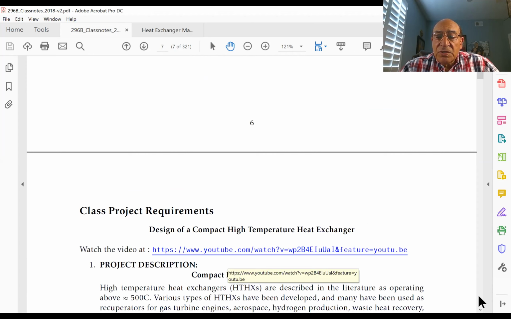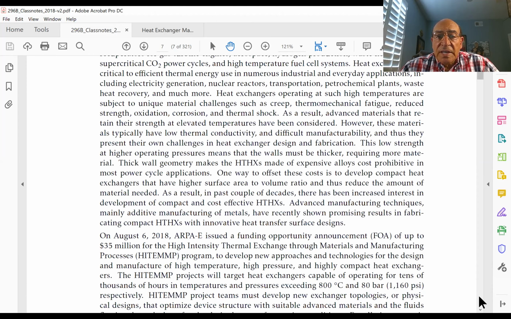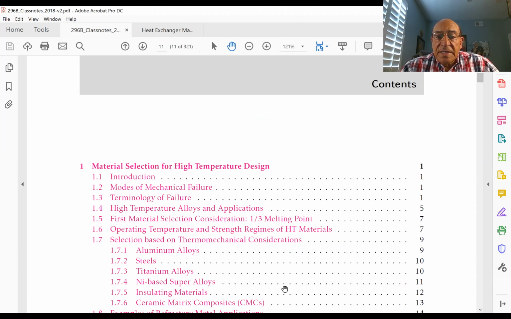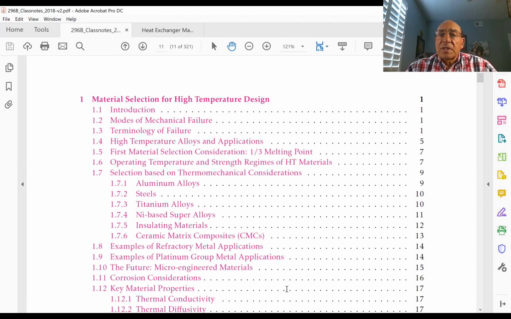And now I'm going to just show you the contents of the course quickly as we see it here, to talk a few words about each subject. So you find chapter 1, material selection, and understanding modes of failure, and differentiating between different alloy systems: aluminum alloys, steels, titanium, nickel-based superalloys, insulating materials, and ceramic matrix composites.